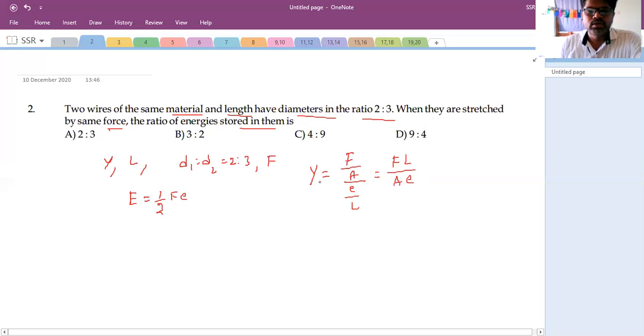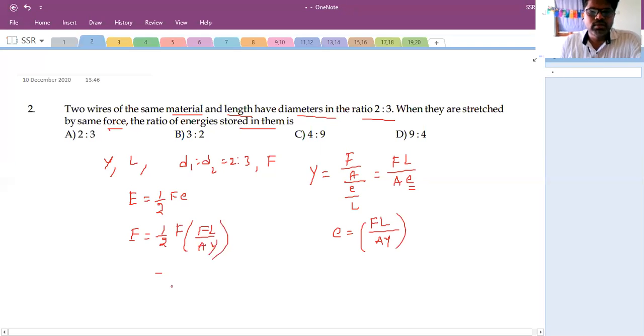Then you can use the e value in terms of Y. From this, elongation e is equal to F into L by A into Y. Then this e value you can substitute here. Energy E is equal to 1 by 2 F into e value, e is F into L by A into Y. Then this will become 1 by 2 F square L by A into Y.